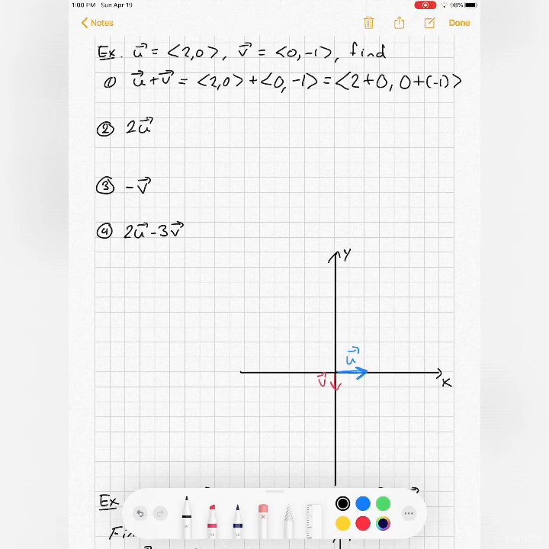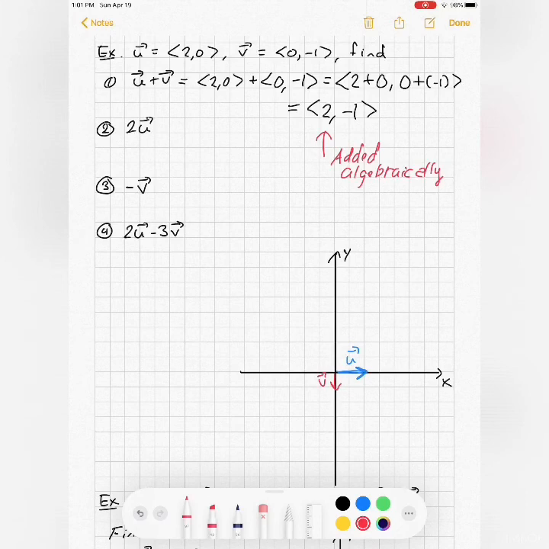And so my resulting vector would just be <2, -1>. So what I did there is I added the vectors algebraically, component-wise.